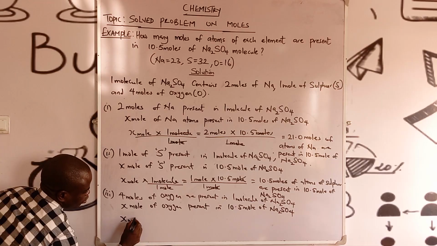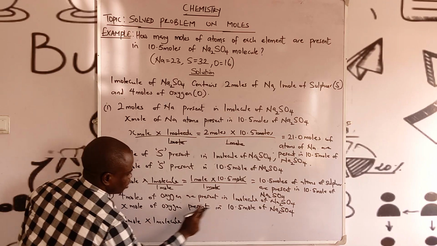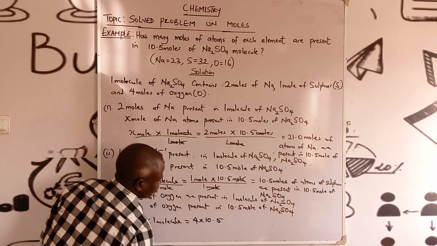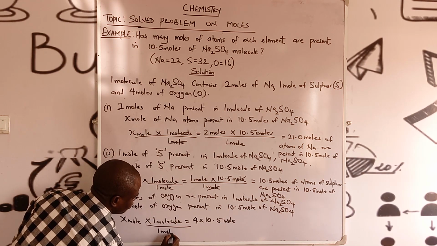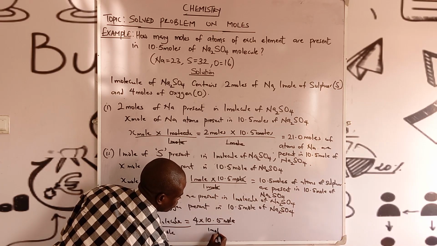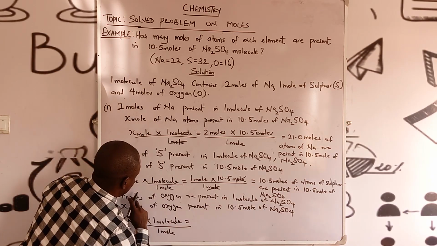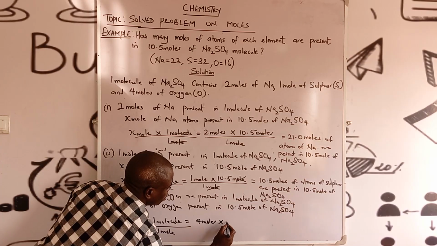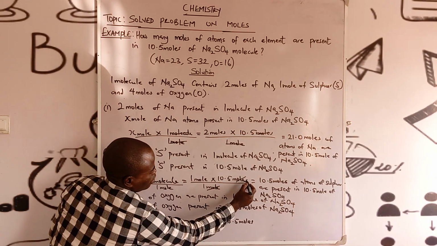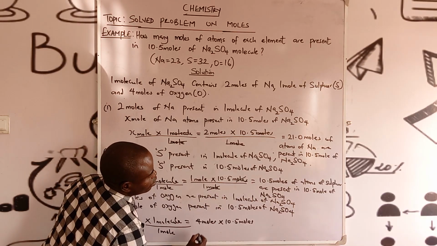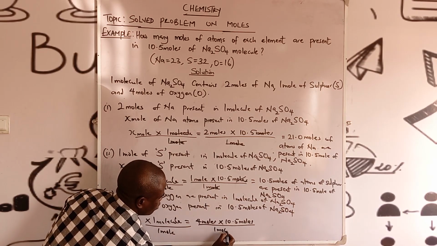Now we have x mole, just cross multiply it, times 1 mole, 1 molecule equals 4 times 10.5 mole. Divide both sides by 1 mole. That's 4 moles times 10.5 moles divided by 1 mole.